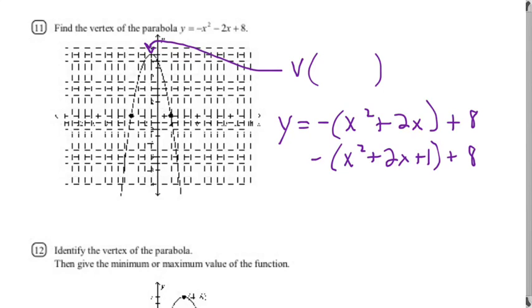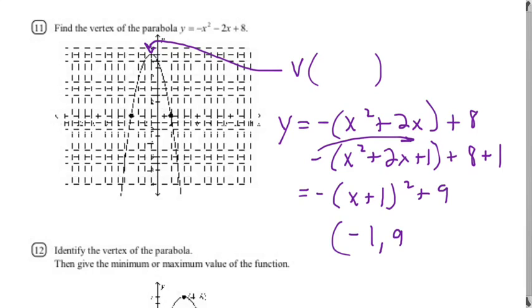That's really a minus 1 I've added, so I will add a positive 1 to it. And so it looks like the vertex is at negative 1, 9. So we'll put that up here, negative 1, 9.